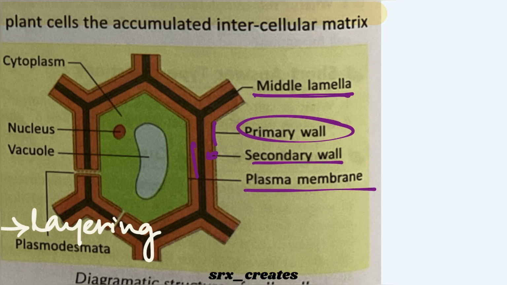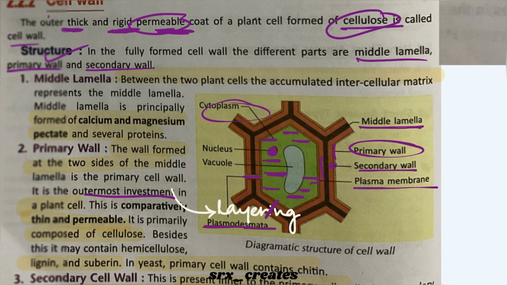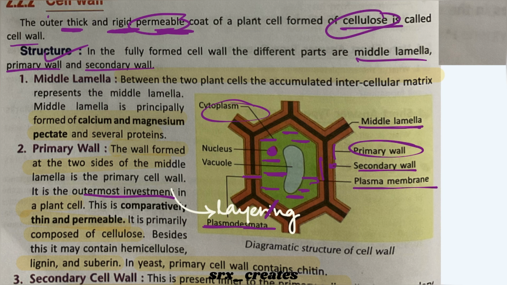Now in this cell wall structure we see pore-like structures which are called plasmodesmata. Okay, and a nucleus and a vacuole, and this semi-fluid matrix is called cytoplasm. Okay, I think the basic structure is clear. And where is middle lamella, where is secondary wall, where is primary wall, it's clear.